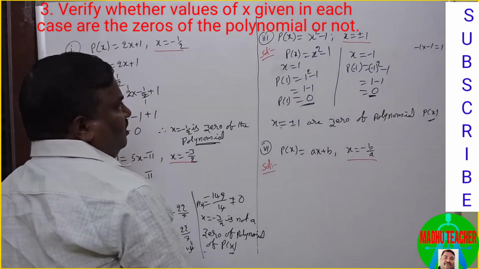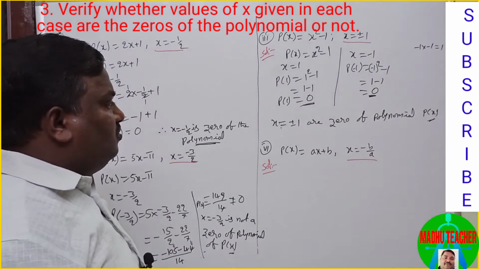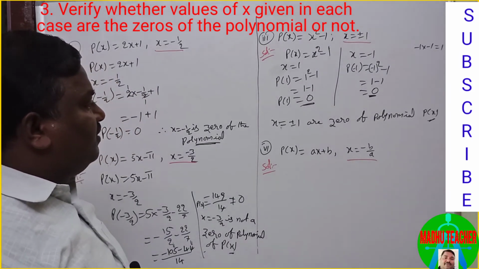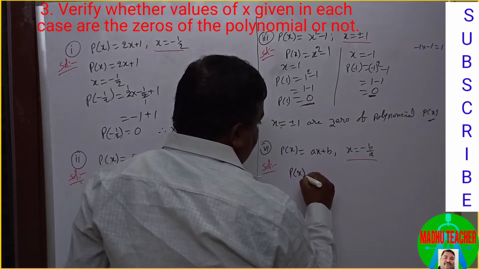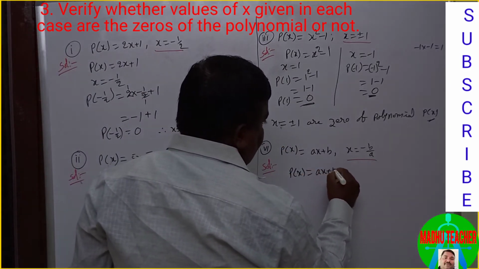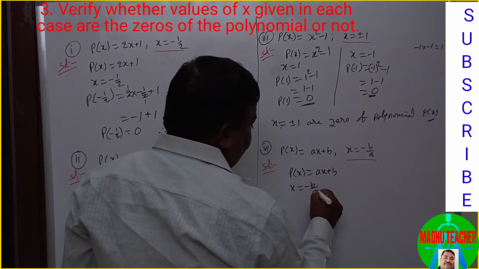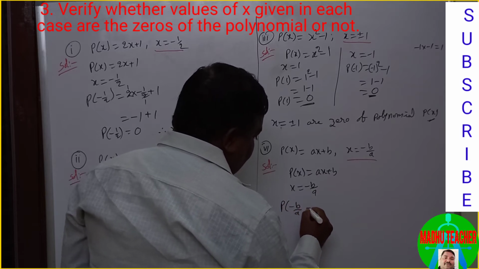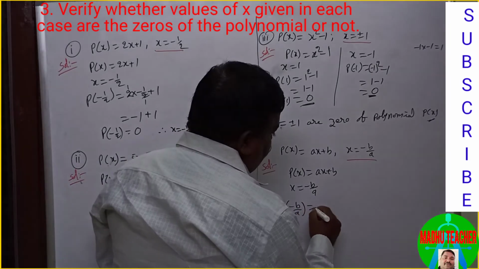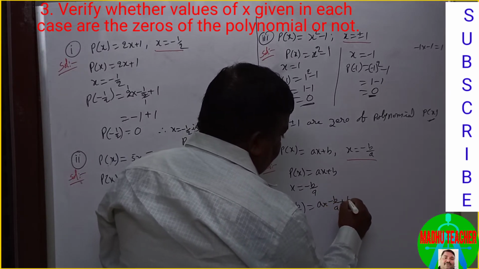Next, the fourth one and fifth one you have to do. The fourth and fifth you have to do. P of x equal to ax plus b. x equal to minus b by a. P of minus b by a equal to a into x, which is minus b by a, plus b.